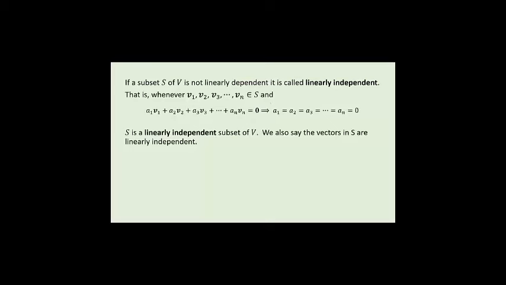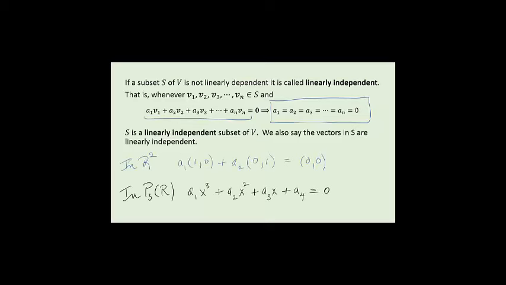In other words, it implies that all of the coefficients are zero. That certainly is a solution, but it's called the trivial solution. In this case, we say that S is a linearly independent subset of V. We say that those vectors are linearly independent, and we say that the set S is linearly independent.